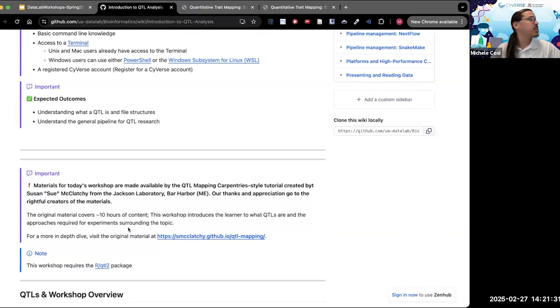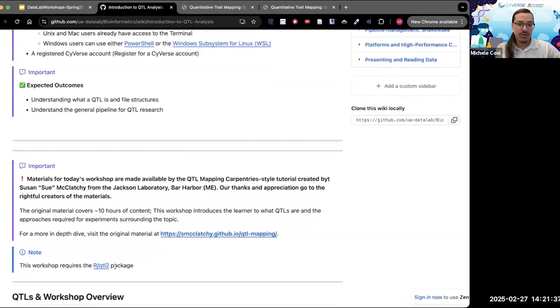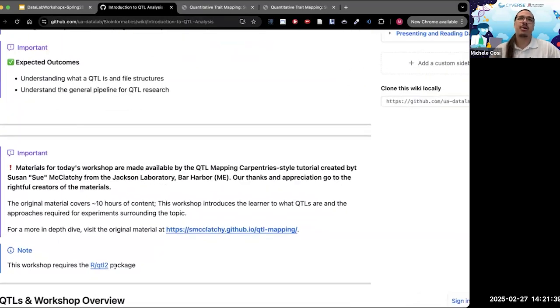I do need to mention that for this tutorial, you will require the R package RQTL2, which should be pretty snappy in installation if you already know how to use R. The original content is roughly 10 hours long. What I'm going to be doing today is just to give you a general overlook about what happens within the tutorial itself.